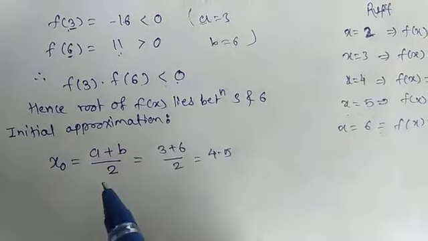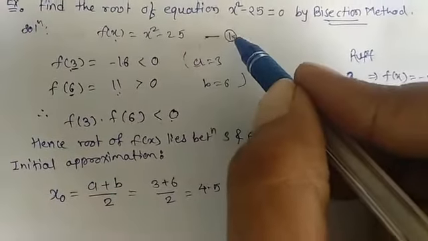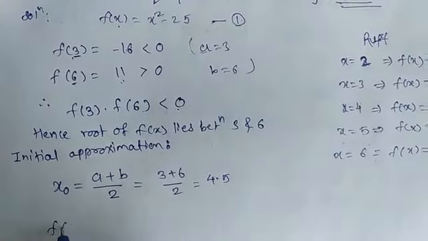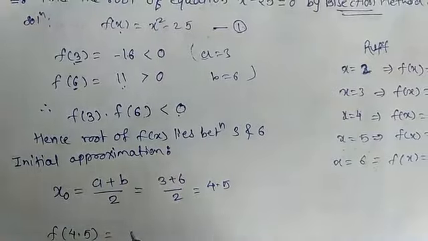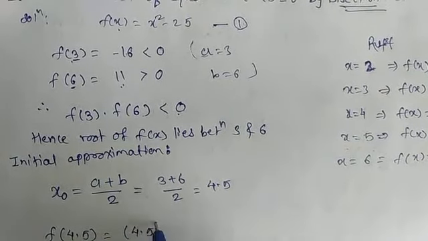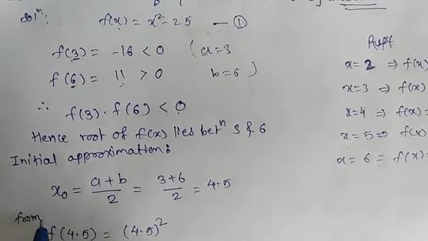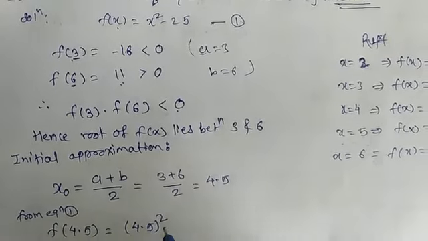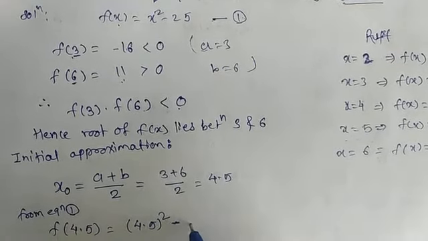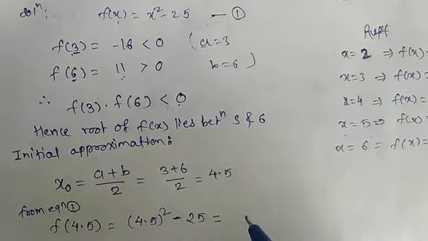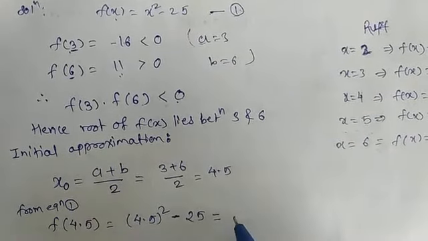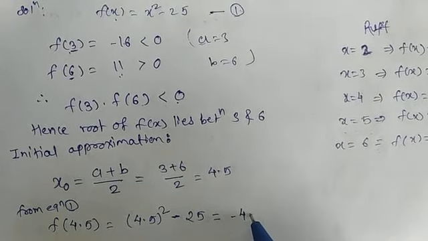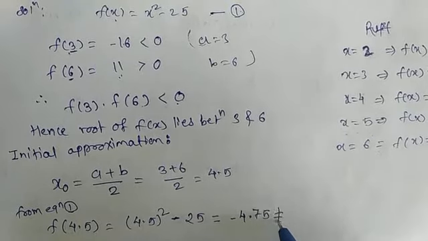From equation 1, f of 4.5 is equal to 4.5 square minus 25. After solving this we get minus 4.75, which is not equal to 0.